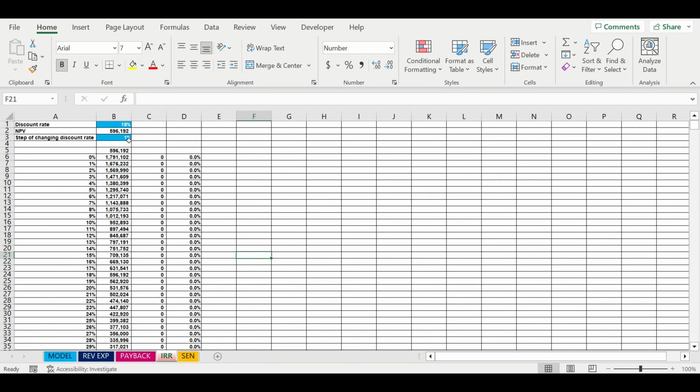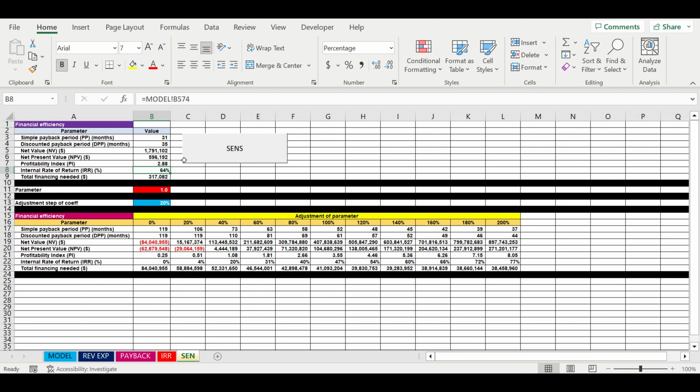Then we create two diagrams just for scenario analysis, simple and discounted payback period. Then we create a tab where we specify the discount rate and the step of changing the discount rate to calculate internal rate of return that will be needed for sensitivity and scenario analysis. And here is a magical tab where we can test our project.